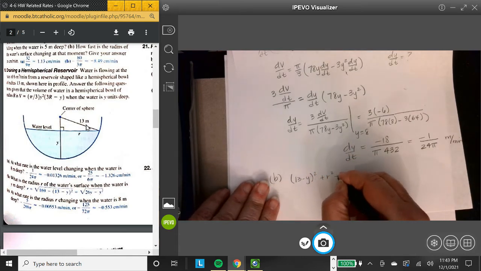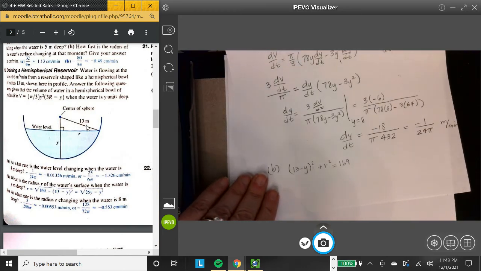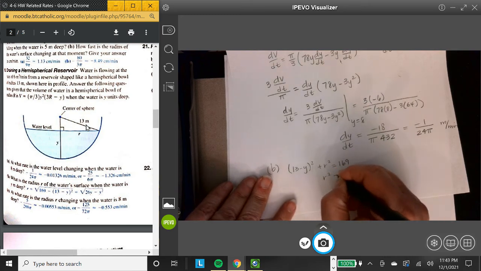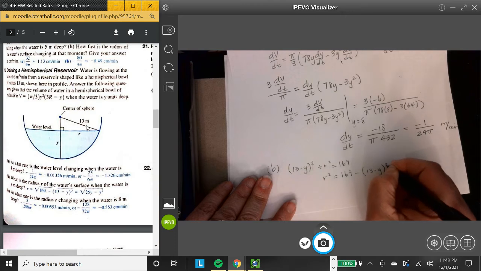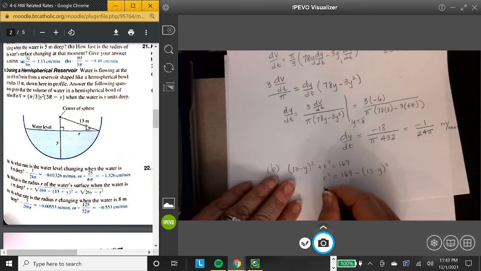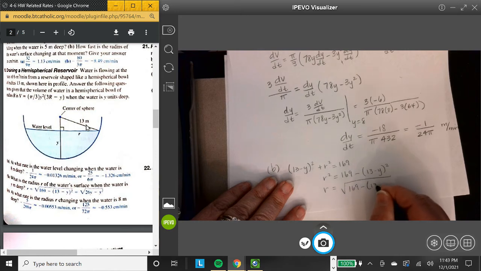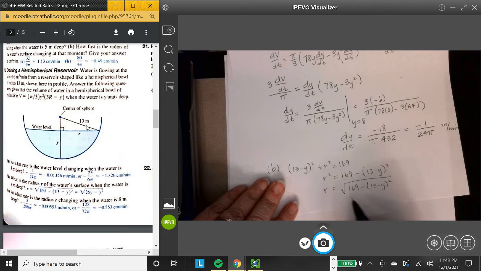If I want to know the radius of the water, r, and I solve for r, we get r squared equals 169 minus (13 minus y) quantity squared. So r equals the square root of 169 minus (13 minus y) quantity squared. They want an expression for r, and we just got that.